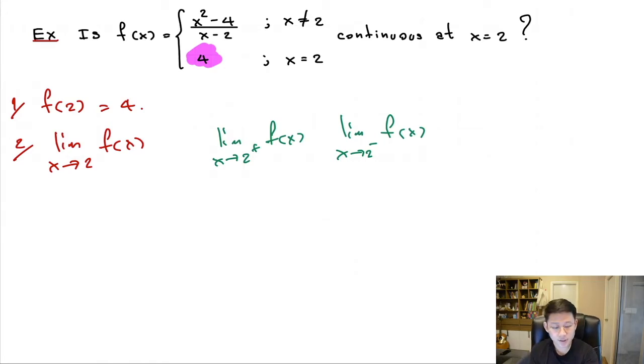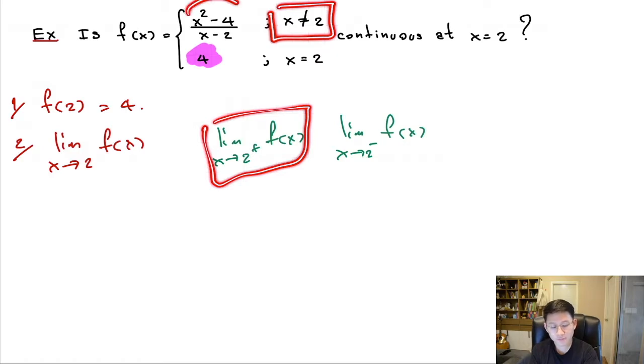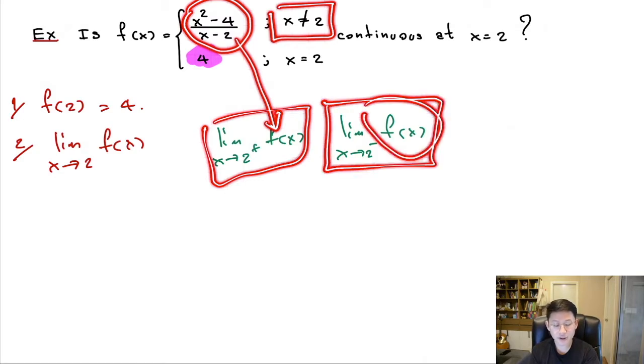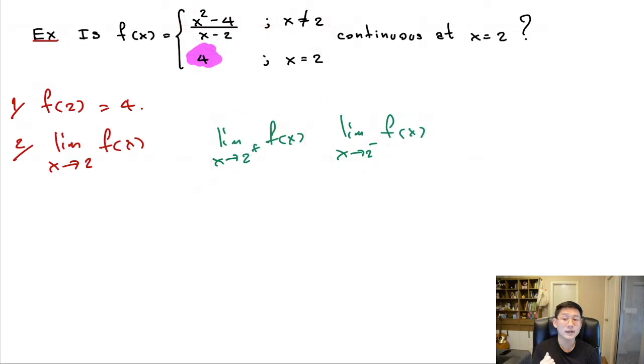As you can see here, this is when x is not equal to 2. In both cases, f is the same function, so we don't really need to look at the left and right limits. But if you want to, just do so. You're going to get the same result.